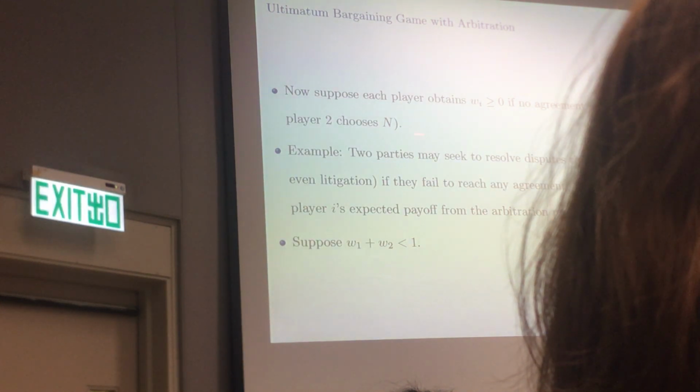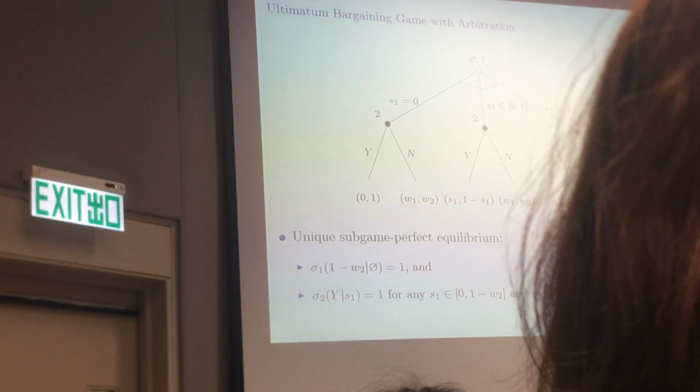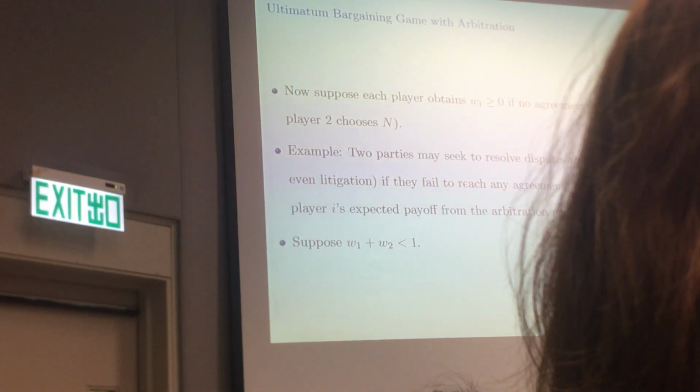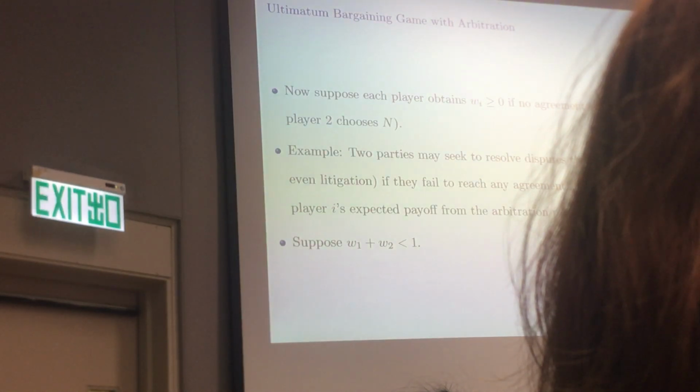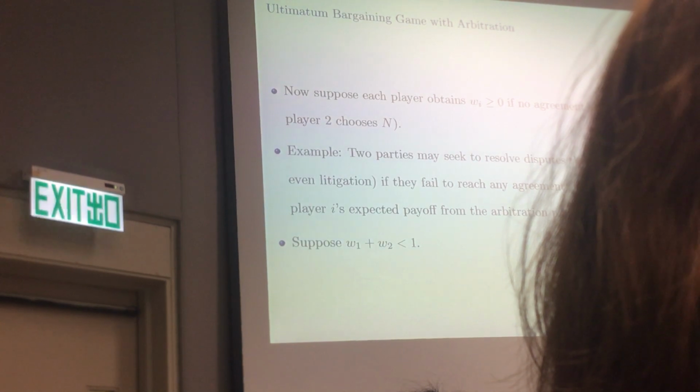For example, this is the game that player 1 and player 2 have to play if the two parties seek to resolve a dispute or bargaining situation through arbitration if they fail to reach an agreement. Okay? So remember that here we are looking at the case where player 1 and player 2 have to divide a surplus equal to 1.